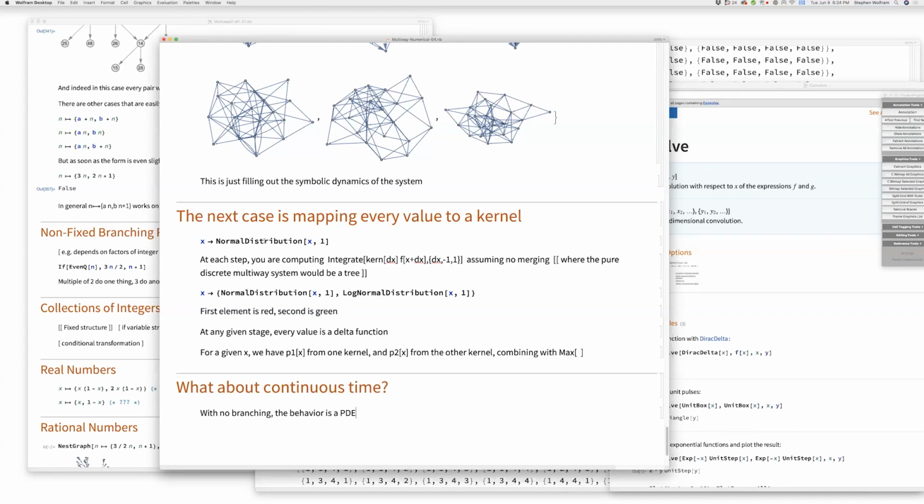Because we've got the initial interval, and then at every step we need to make a change.